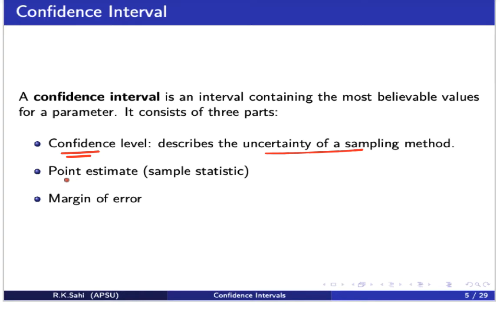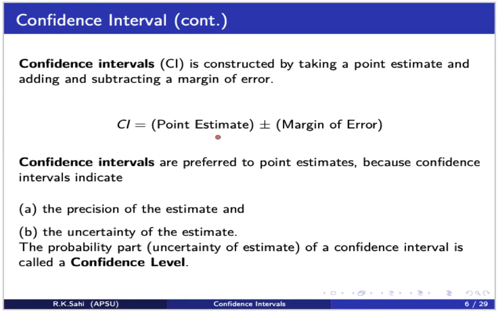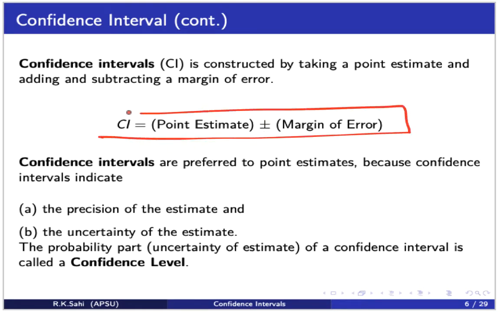Then the point estimate, which is nothing but the sample statistic. And finally, the margin of error. These three things together give us the confidence interval, which is given by this formula: confidence interval is point estimate plus minus the margin of error.